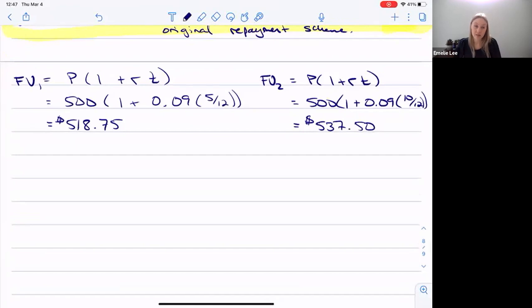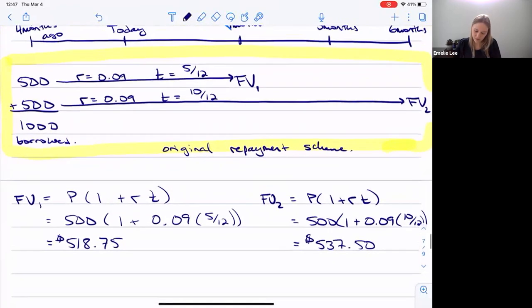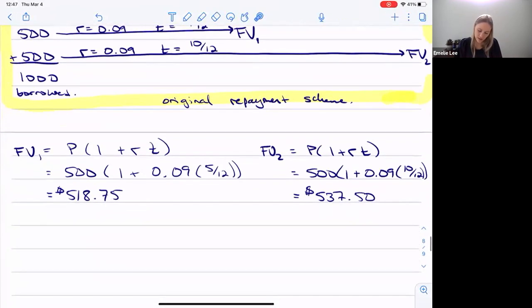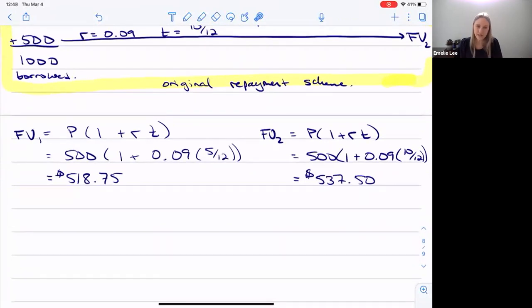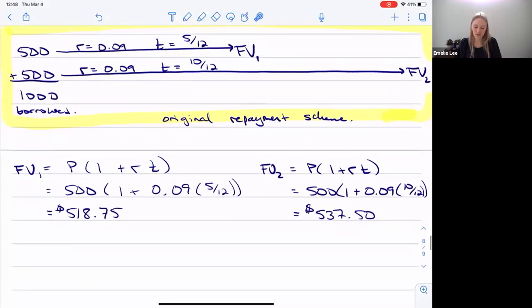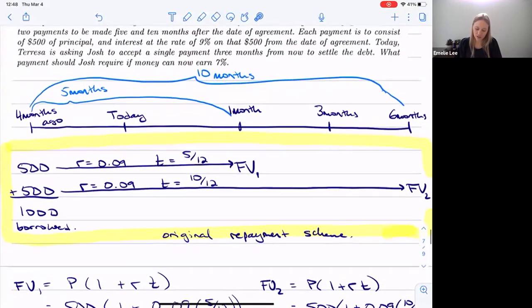Does that make sense? Well, yeah, it does, because here $518 is less than 537, right? The longer you wait, the more you have to repay, so that makes sense. Okay, so what I want you to do on your own is now figure out, so answer the question, right?